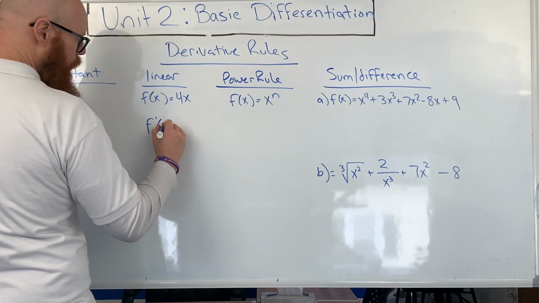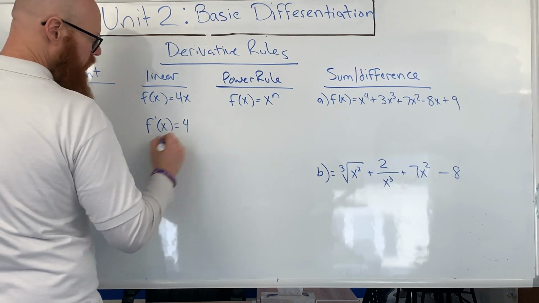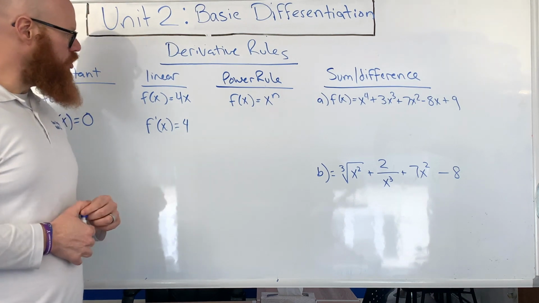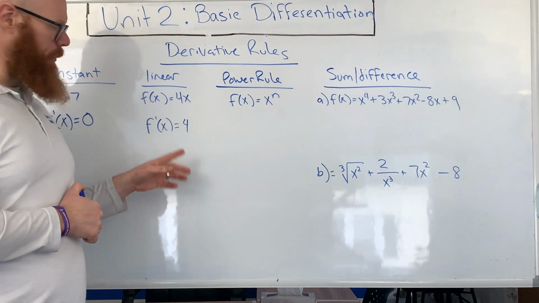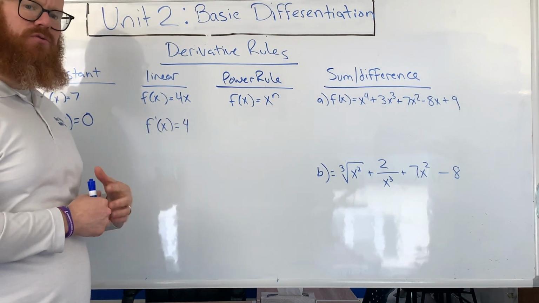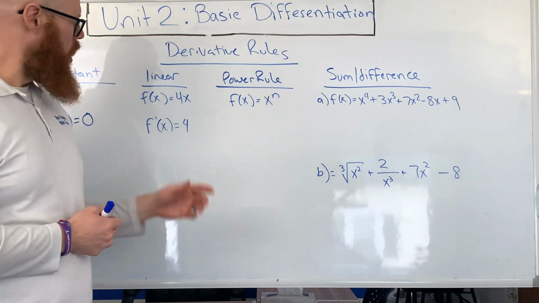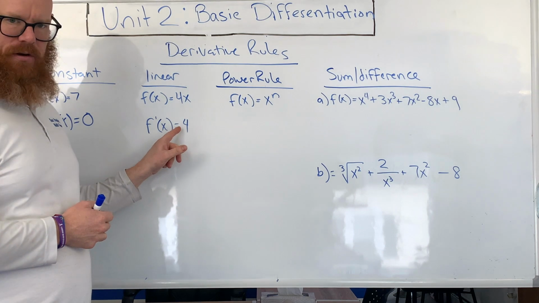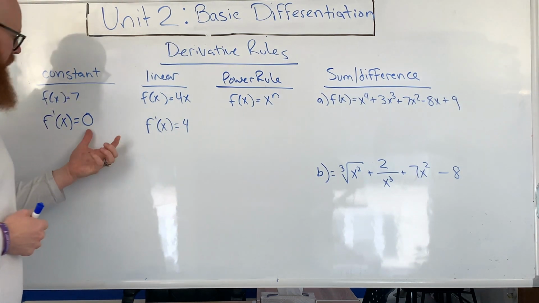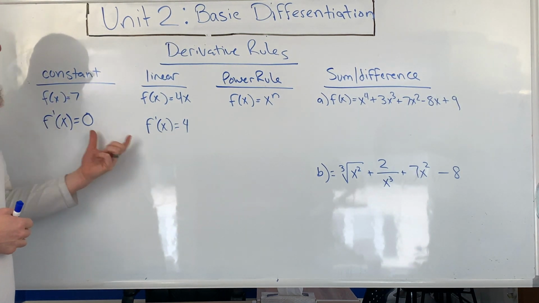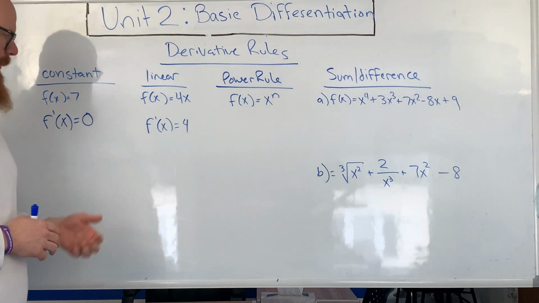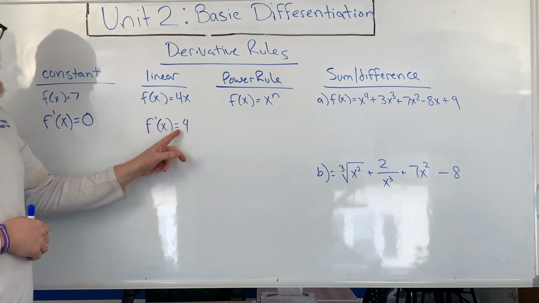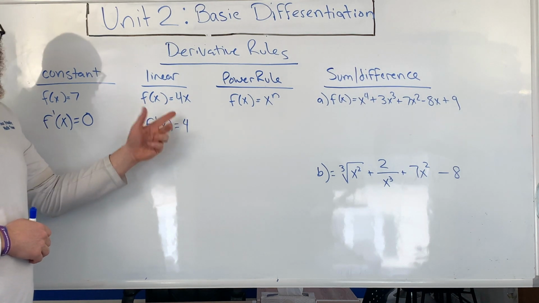It doesn't matter what point we're at on the line, the slope will always be 4. It's not changing. So the derivative of a linear term is always just the slope, which really is just the coefficient. When you have x to the first, the coefficient of x is the derivative. So we see 2 examples where the derivative doesn't have an x in it. For a horizontal line, it's always 0. For a linear term, it's always just the slope, which is the coefficient.